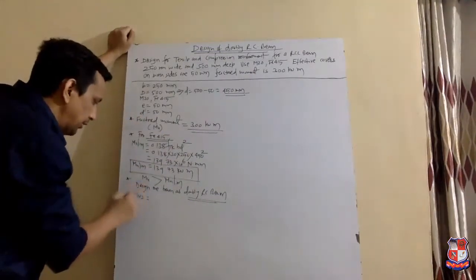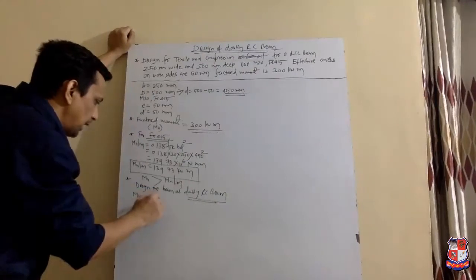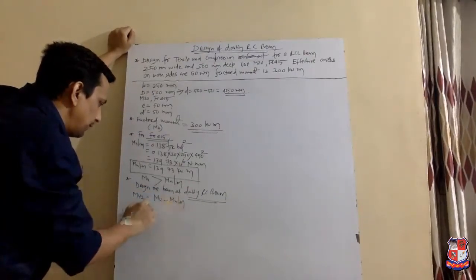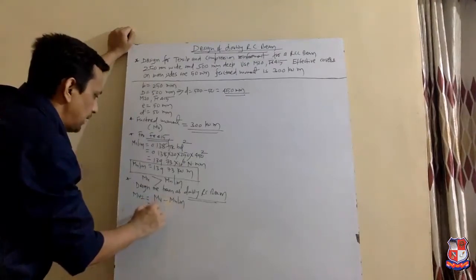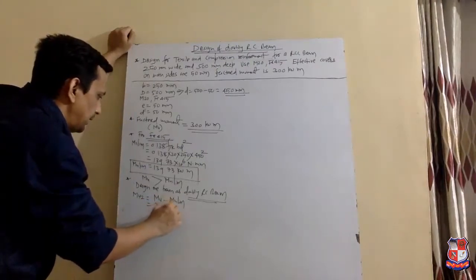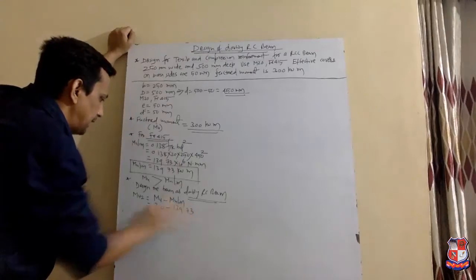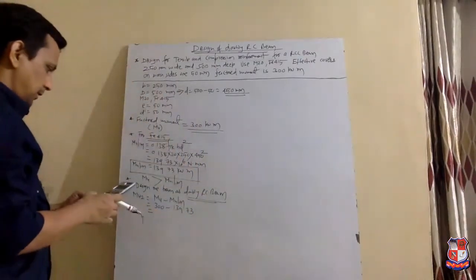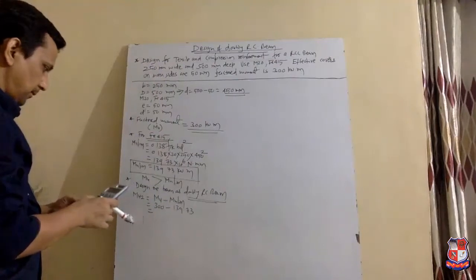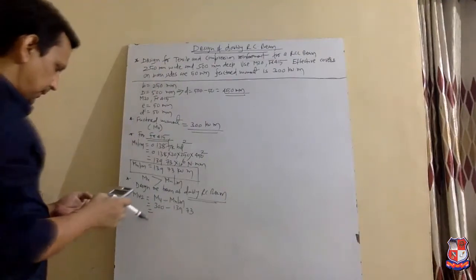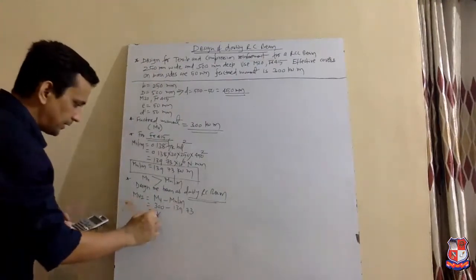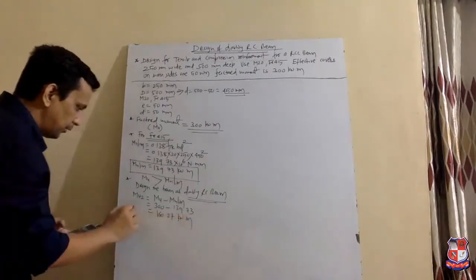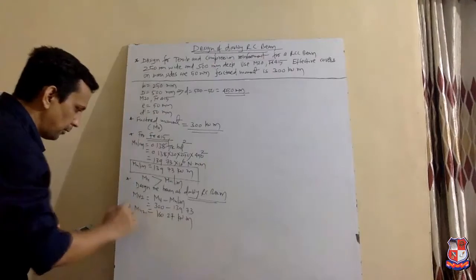We denote this as Mu2, and Mu2 is Mu minus Mu lim, which is 300 minus 139.73. So we get 160.27 kilonewton meter.